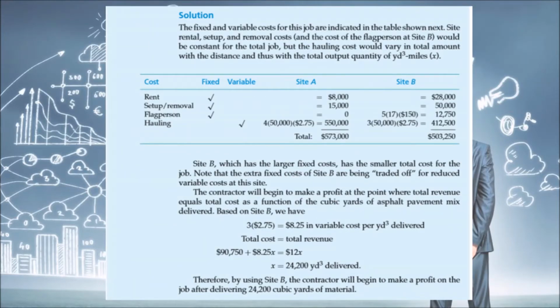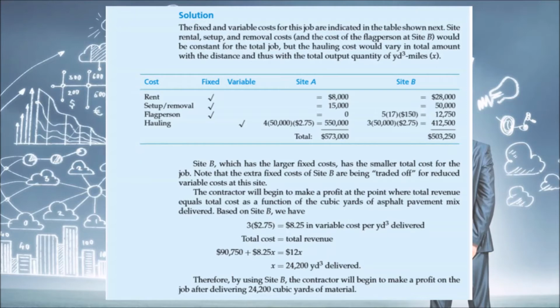Okay, so here is the solution. The fixed and variable cost for this job are indicated in the table shown next. Site rental, setup, and removal cost would be constant for the total job, but the hauling cost would vary in total amount with the distance and thus with the total output quantity of cubic yard miles.